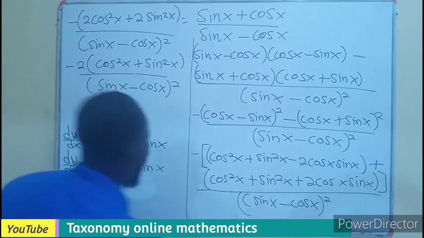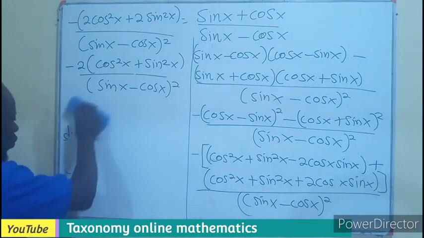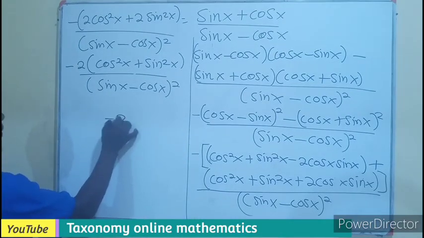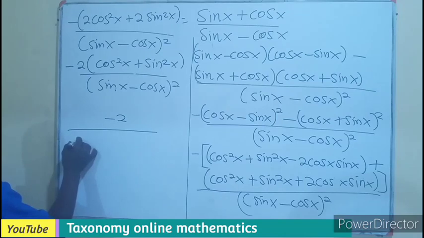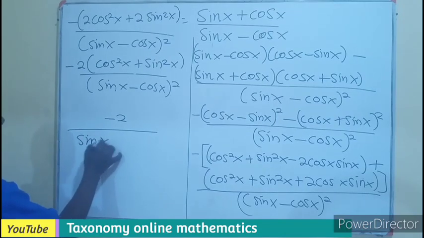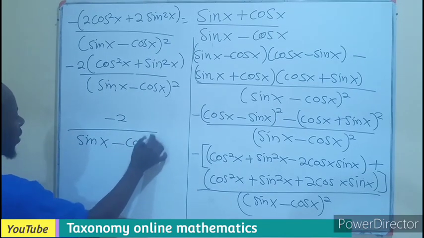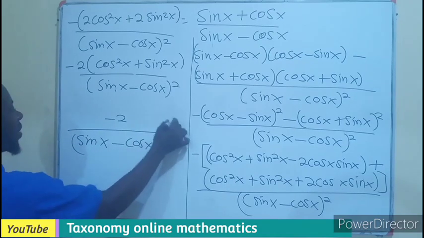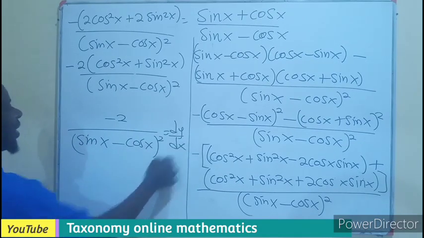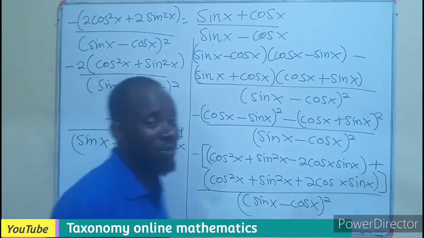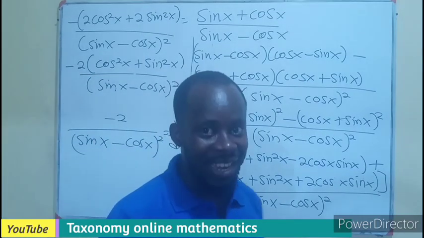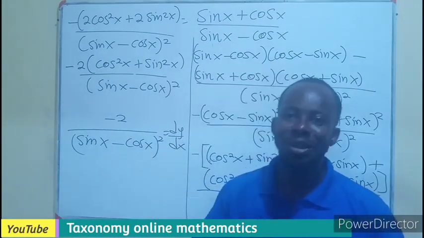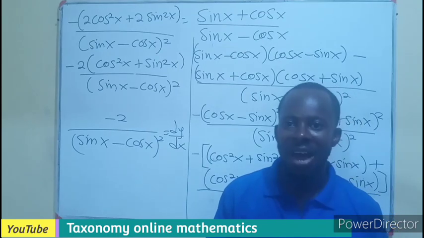So if that is 1, 1 times negative 2 will still mean a negative 2 all over (sin x minus cos x) all squared. So this is our dy/dx. By careful cancellation, careful manipulation, careful differentiation, we will arrive at this.